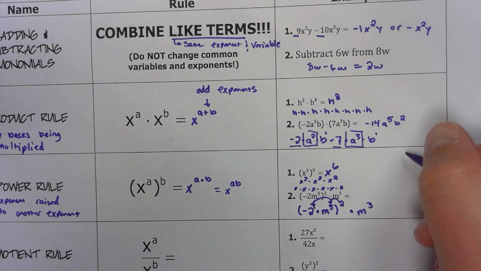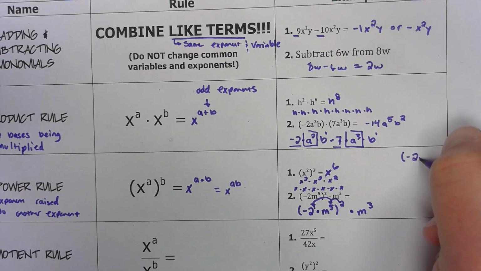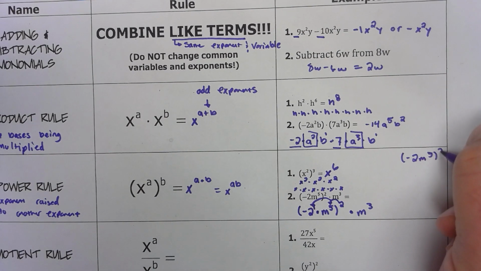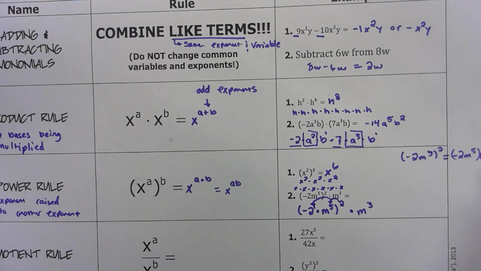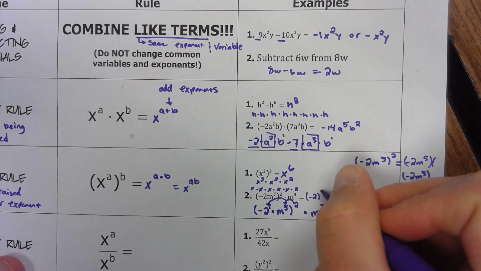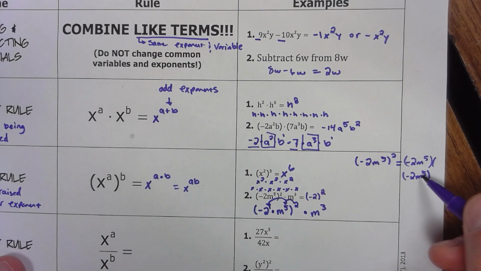And if I think about why, again, if I have -2 m to the 5th squared, well, that means -2 m to the 5th times another -2 m to the 5th. Ran out of room. Times another -2 m to the 5th. Well, -2 times -2 is -2 squared, which is 4. And then m to the 5th times m to the 5th.